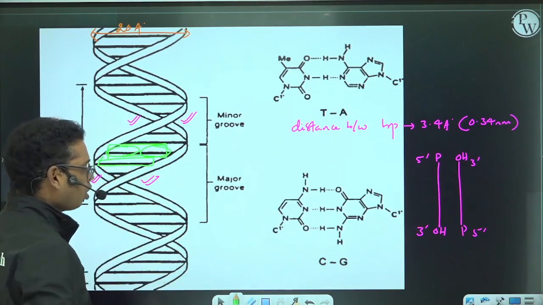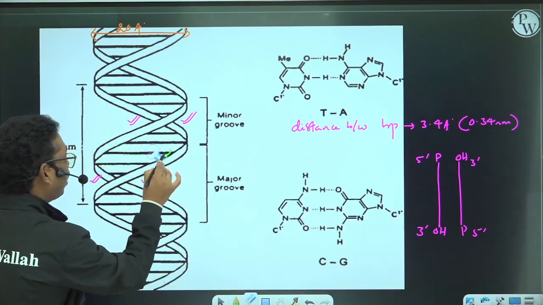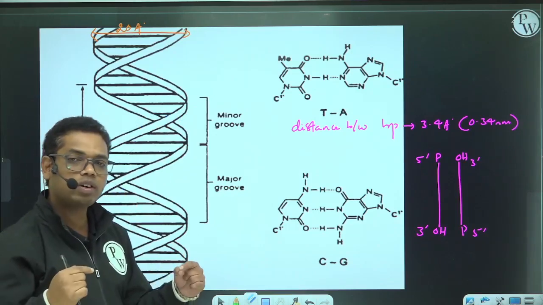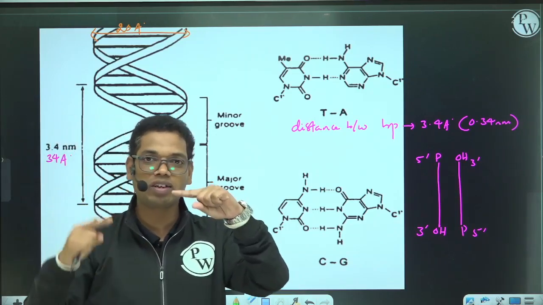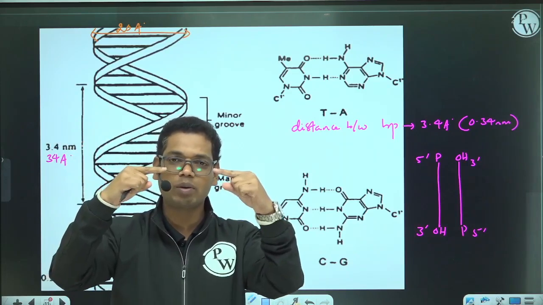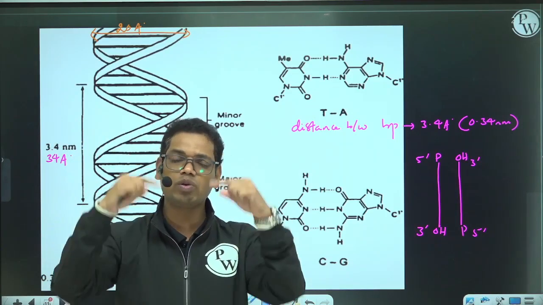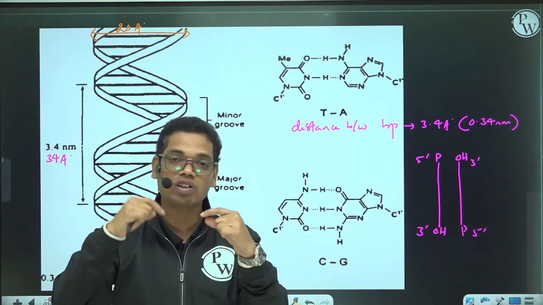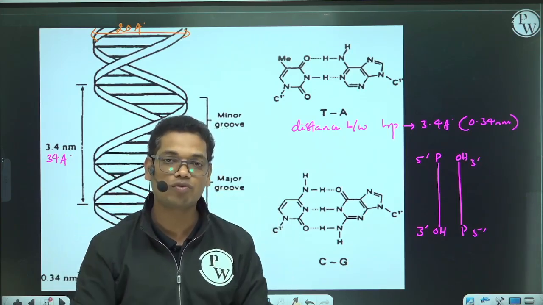In between these two base pairs, there will be some force of interaction, and the force of interaction between these two base pairs is called stacking force.